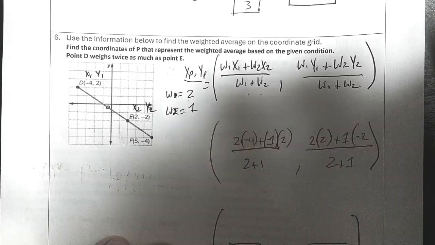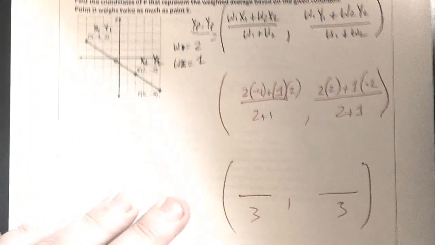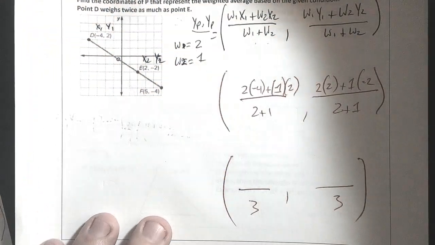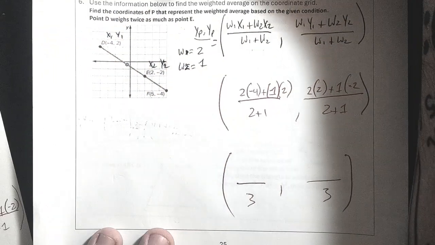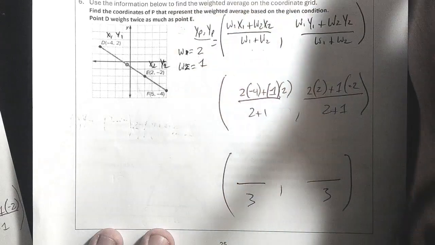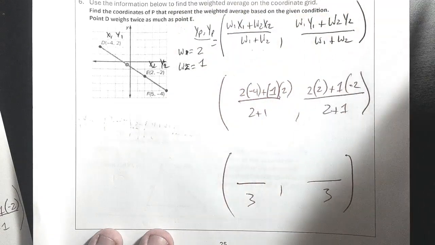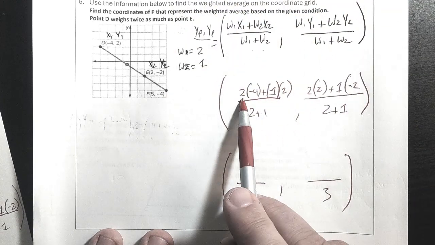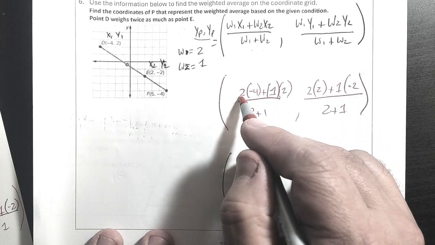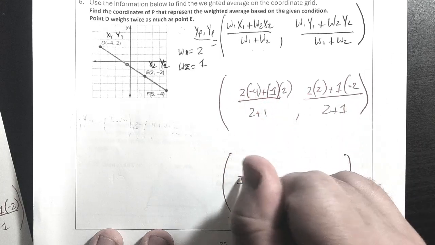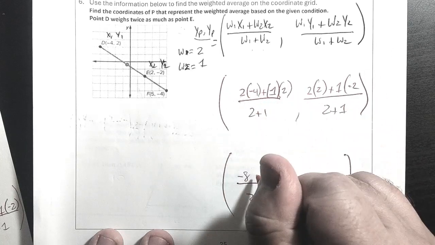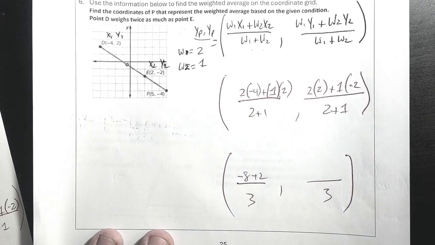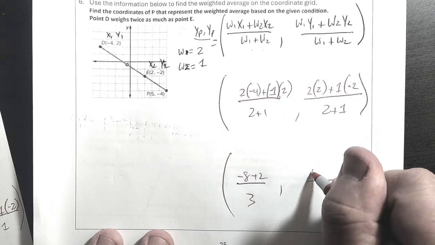All right. Do this and then maybe zoom out just a little. All right. So negative 4 times 2 is negative 8. 2 times 1 is 2. It's a plus because they're both positive. 2 times 2 is 4.